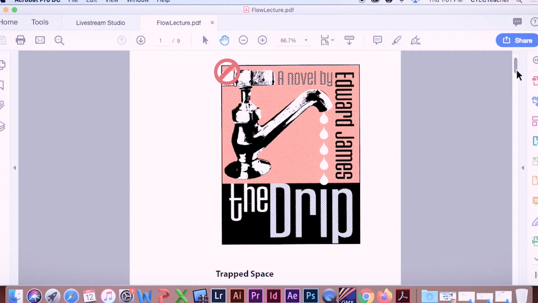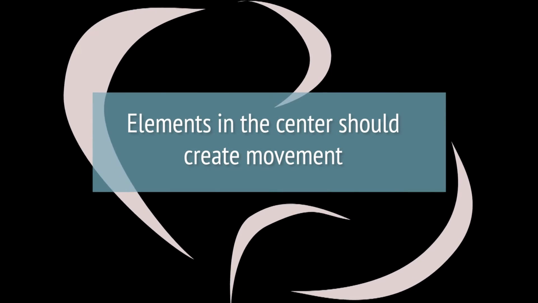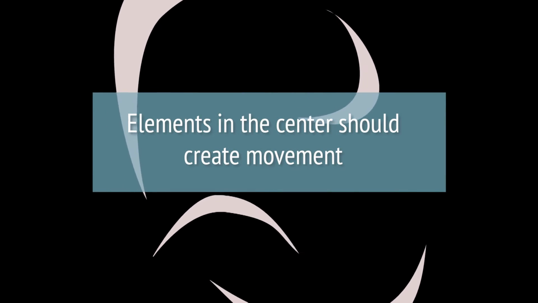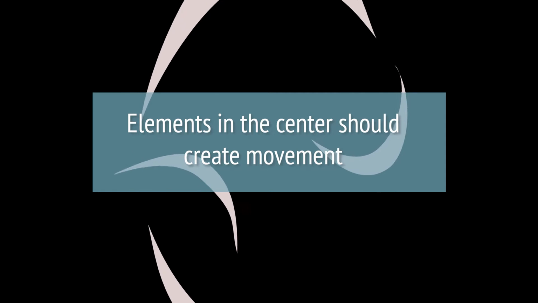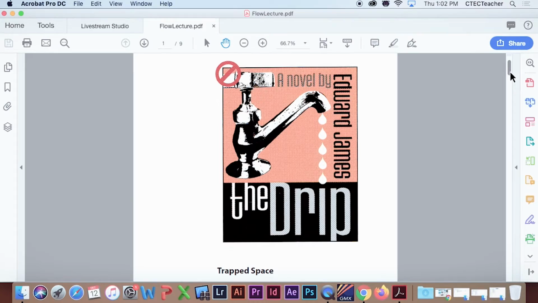Movement, to keep the viewer's eye moving all around every part of the composition. That's going to create good flow and really engage the viewer to spend the most time possible looking at every part of the composition. So elements that create movement: lines, right? Lines that pull the viewer's eye in a certain direction, away from the center to the focal point and back around again.